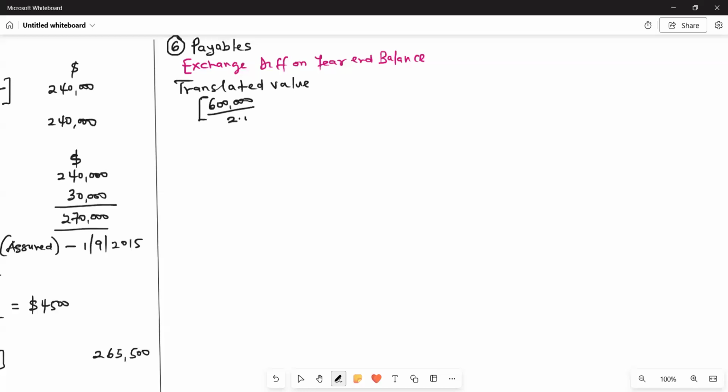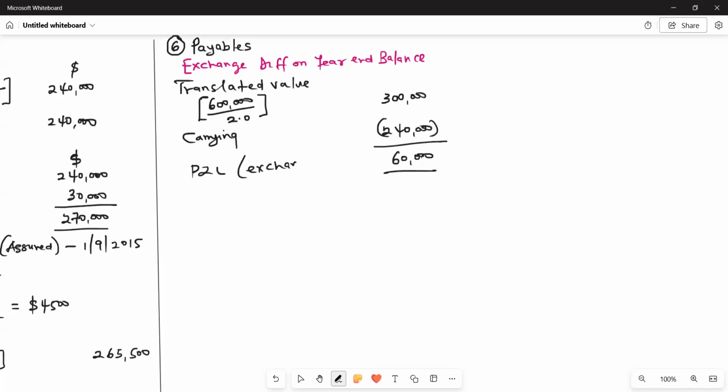It's 2.0. So how much are we getting? 300,000. Something that if we had paid at the transaction date, would have paid 240,000. It's a loss, is that not it? Yes, sir. You have a liability and it's increasing, it's a loss. So P&L, exchange loss. We are done with the question.